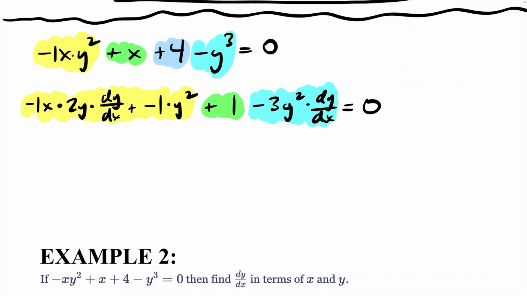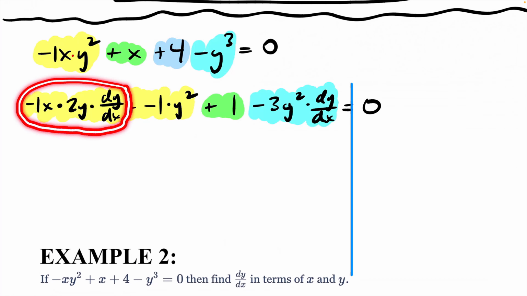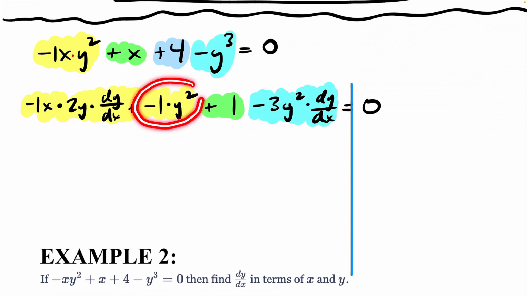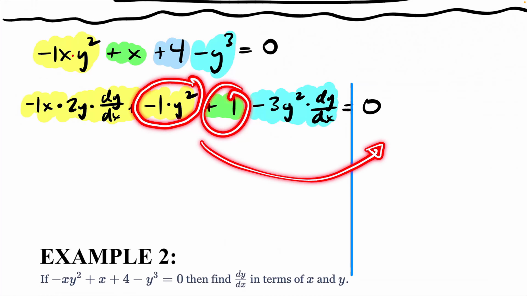Get everything with the dy dx on one side of the equation, and everything else on the other side. I have two terms with dy dx. You could either move them to the other side or keep them there. It doesn't matter. I'm going to keep these two here and move these two terms to the other side.